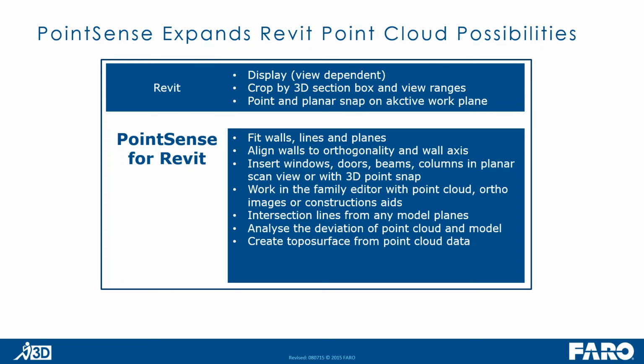We have different functionalities to work in the family editor to create new objects, new building components in the Revit family editor. And new to version 6.5, we also have tools for the analysis of the deviation between your model and point cloud.